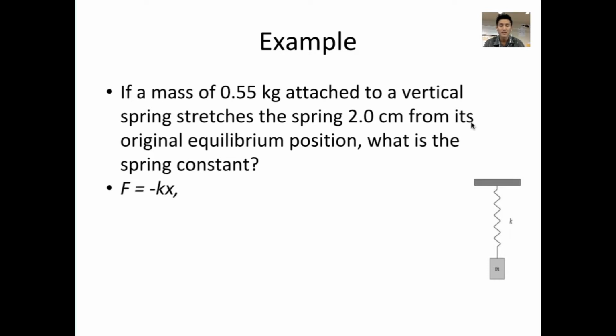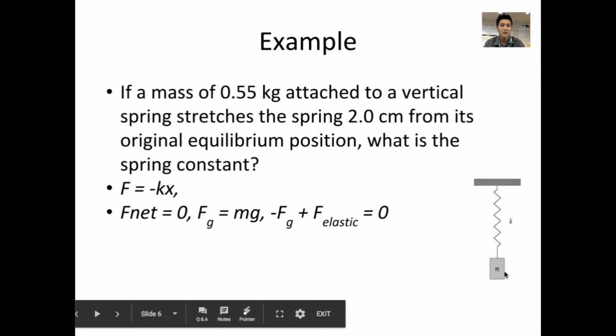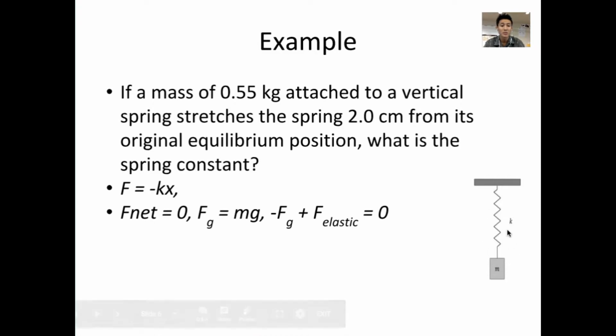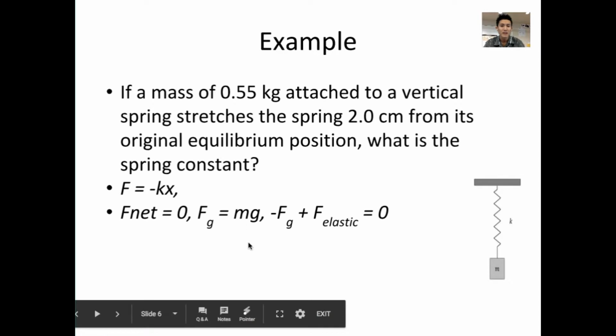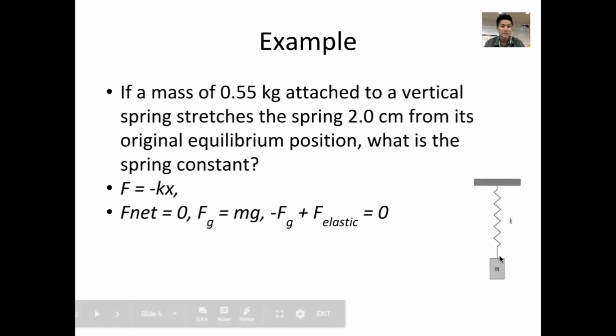Well, first of all, like we just covered, we know Hooke's law. We also know that all the net forces have to add up to 0. And so what are the forces acting upon this situation? There's two of them. One of them is gravity, Fg, which is mass times gravity.